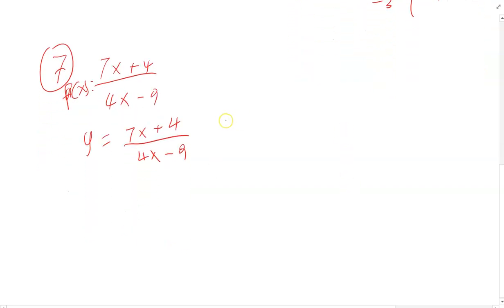And then your next step is to interchange y and x. So x equals 7y plus 4 over 4y minus 9. So that's the next step.